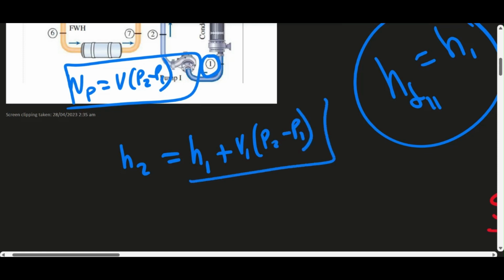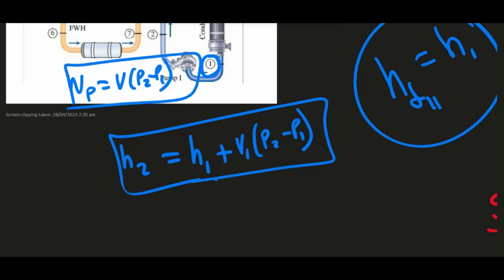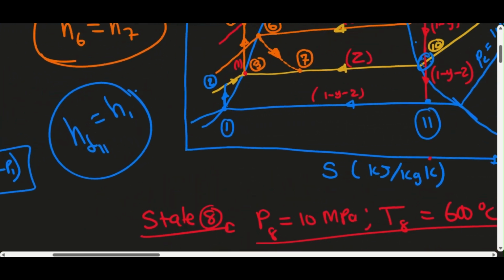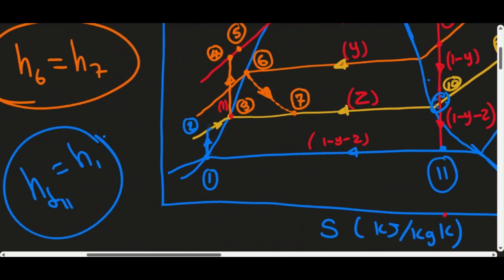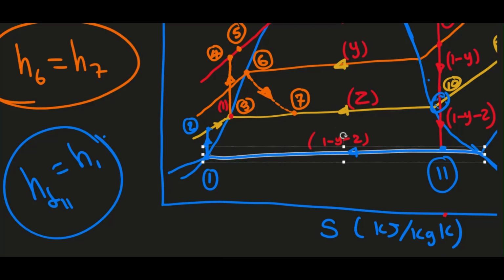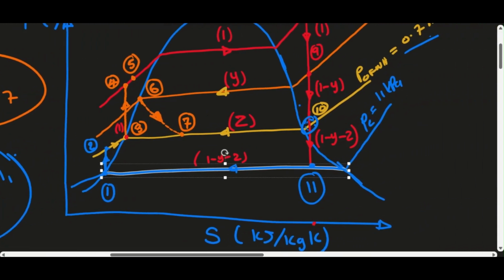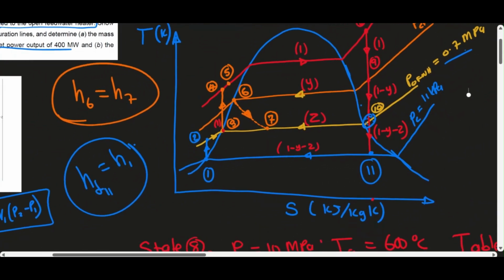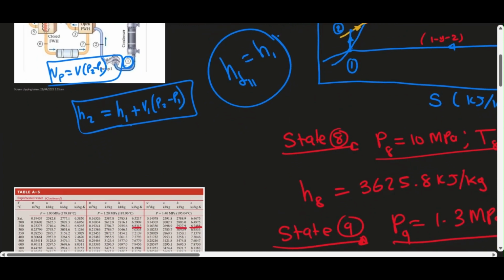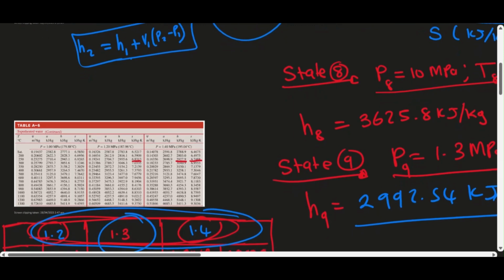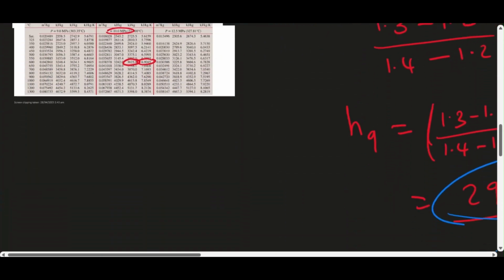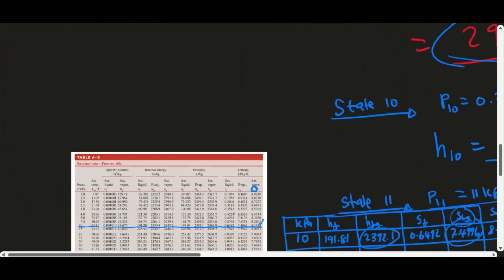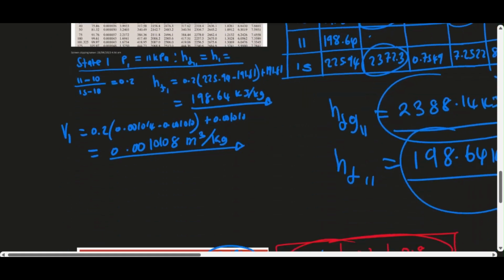And what is P2? The TS diagram tells us that P2 is the pressure in the open feed water heater, which is 0.7 megapascal. So getting the properties at step 2 is a straightforward process.